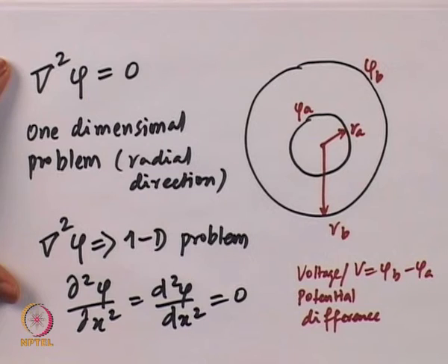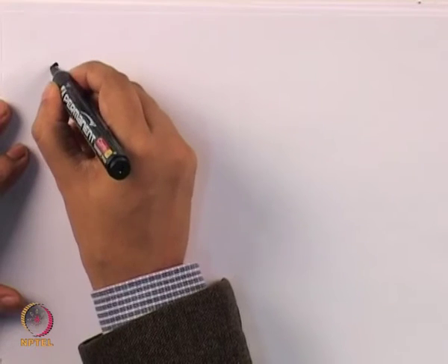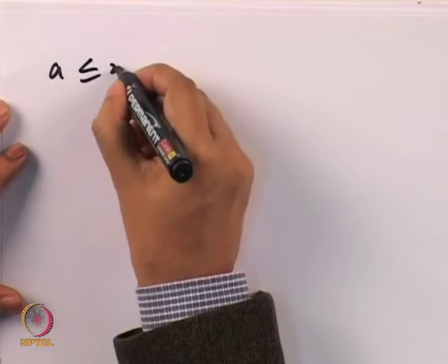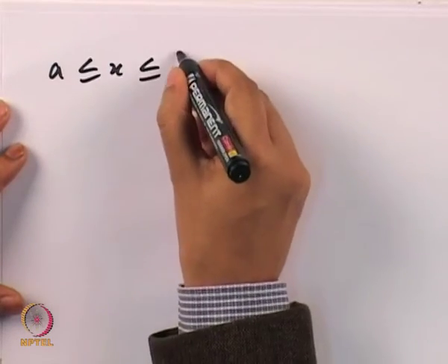So this is going to be our starting point, and of course we have certain things that we have declared already, and these are going to be the definition of the boundary and the boundary conditions. So the region is going to be a less than or equal to x less than or equal to b.